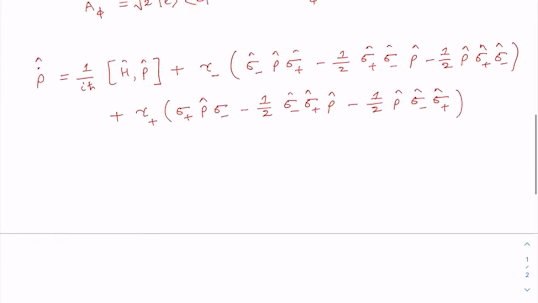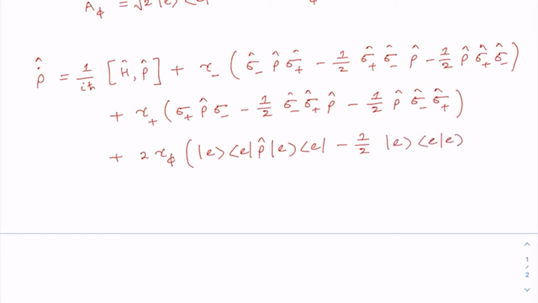And finally we have 2 gamma phi, and that is due to the pure dephasing. Let me write it explicitly. We have here terms like this, minus half e rho, and then I have minus half rho e.